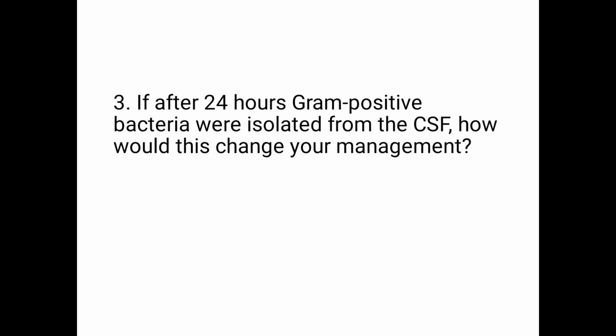We can assume that the strain of Listeria monocytogenes is penicillin susceptible. Hence, treatment should be continued with penicillin G or ampicillin for at least 21 days or more.